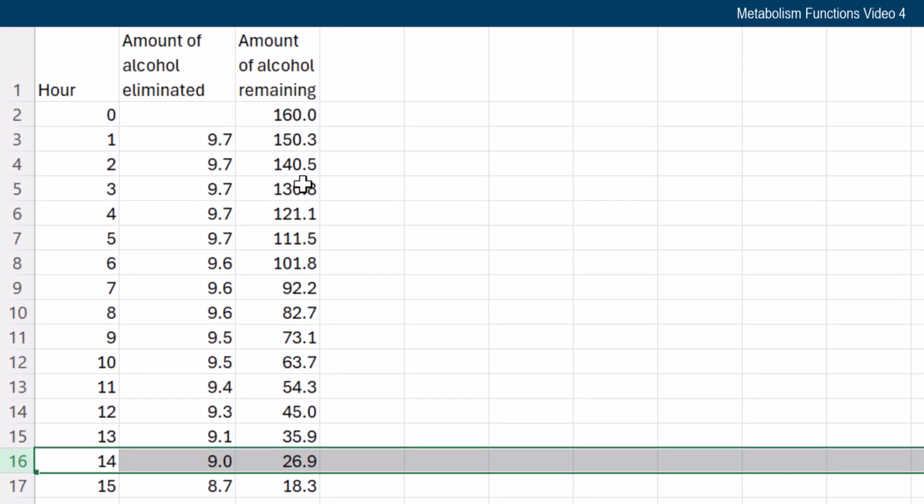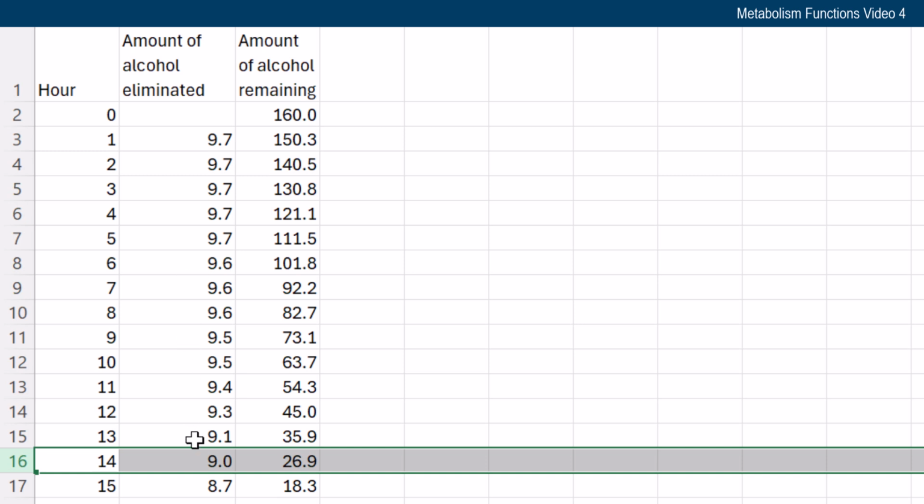So again, time is the only thing that helps us eliminate the alcohol. So here in this column, you can see that in those first 14 hours, they were only able to burn between 9 and 9.7 grams of alcohol. So there is a limit to how much a person can eliminate in their system.